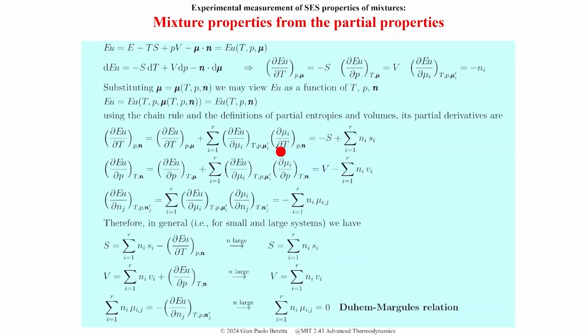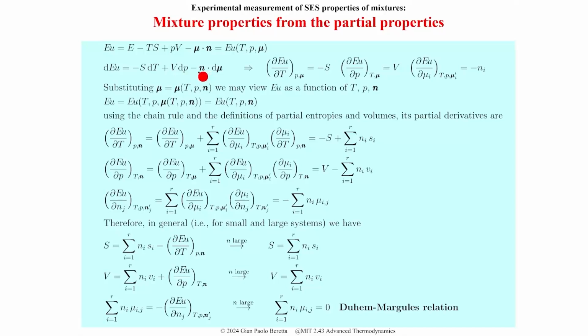Now it turns out that if we look at the expression for the differential of the Euler free energy, which is this one, by inspection, as usual, we can extract the values of the partial derivatives. For example, minus S is equal to the partial of Euler over temperature. Volume is the partial of Euler over pressure.